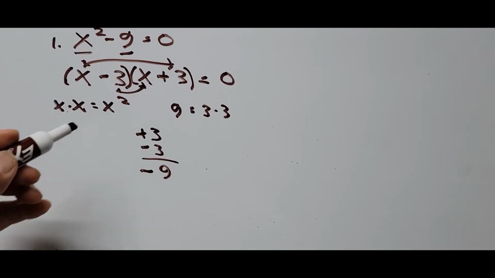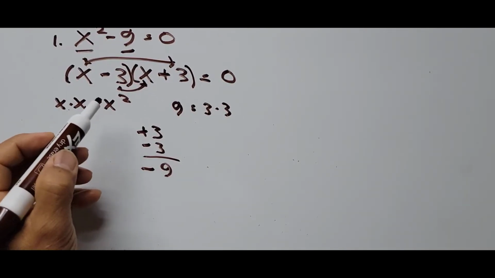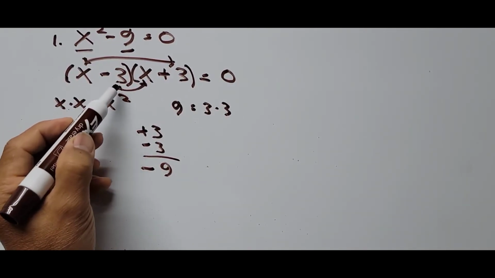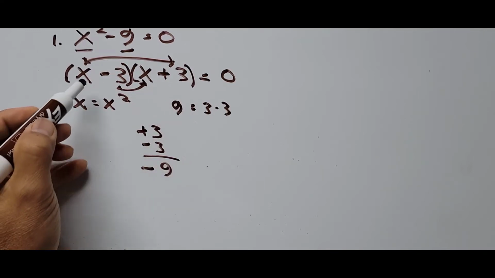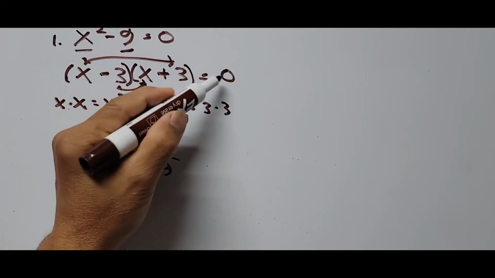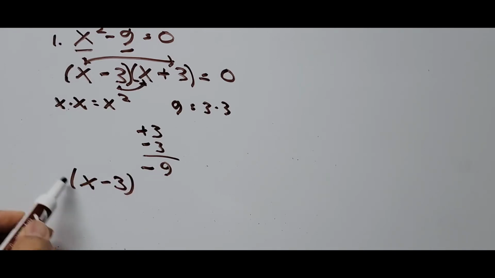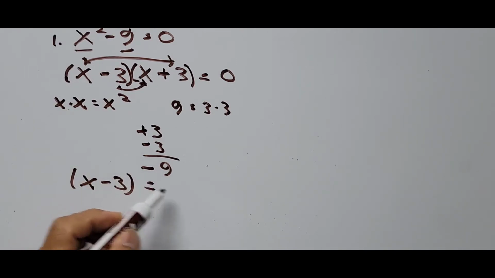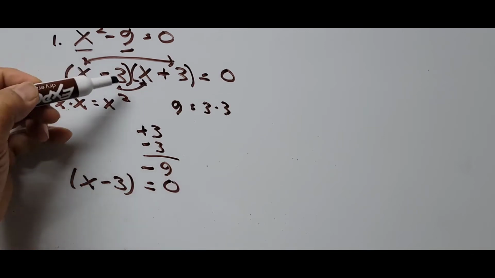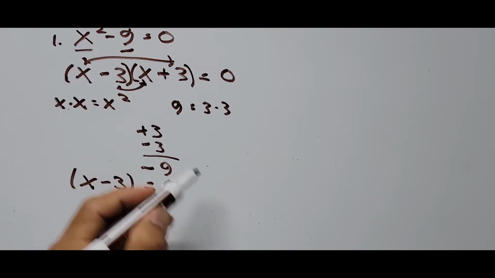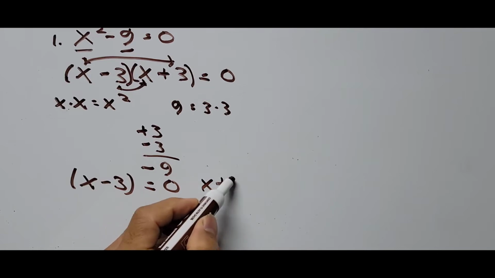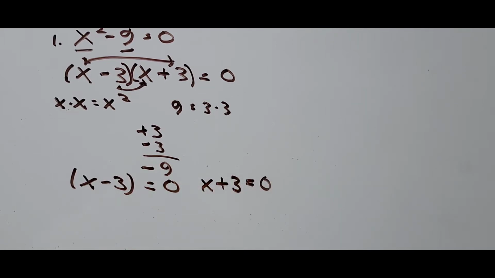To find the value of x, let's set both factors, each factor set to 0. So that means I can set this one to 0. So that is x minus 3, the left factor equal to 0. And the other factor can be set also as x plus 3 equals 0.